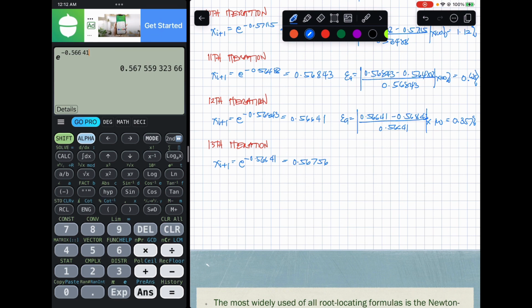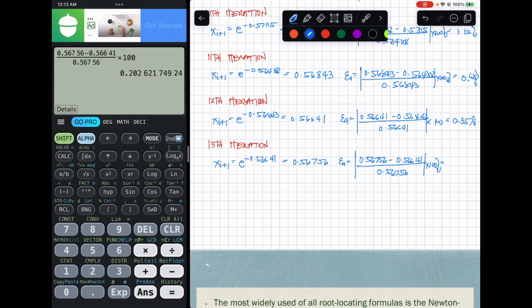So approximate error: 0.56756 minus 0.56641, over 0.56756, times 100, which is 0.22%. So we need until the 14th iteration.